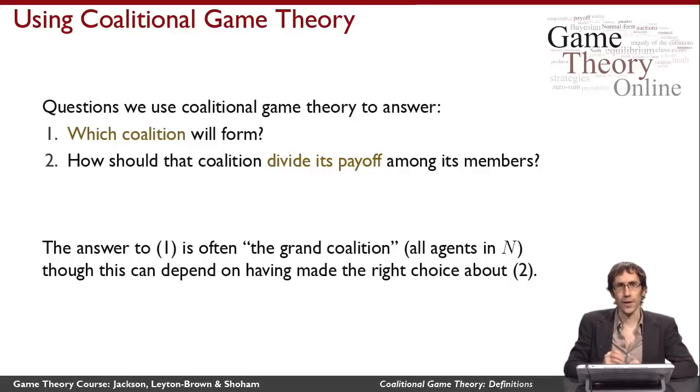Now, we're not going to spend very much effort thinking about the first question. It's usually going to be the case that the answer is the so-called grand coalition, which means everybody. So usually all of the agents will agree to work together. However, sometimes in order to guarantee that this would be true, we have to be careful about thinking about how the coalition will divide its payoffs among its members.